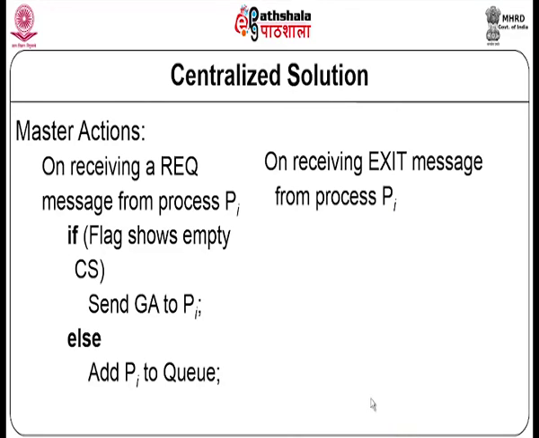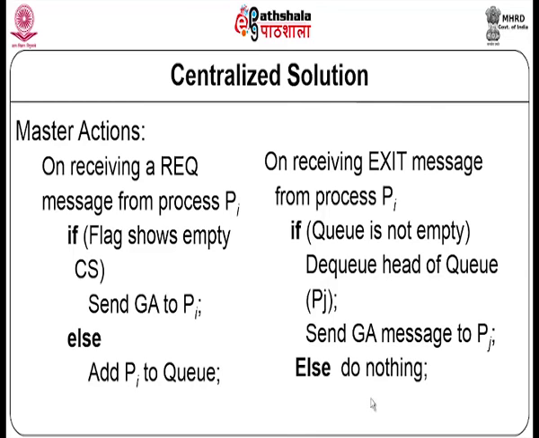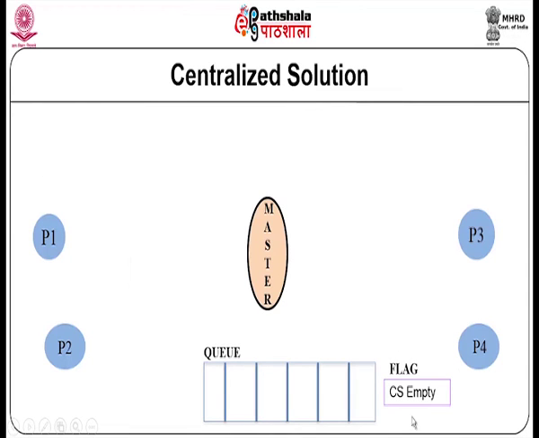And when it receives an exit message from a process, which means that the master had already sent a go ahead message and the process was in the critical section, completed it and is now sending an exit message, then it will take from the queue one of the processes which is waiting and send a go ahead message to that process. If there are no processes waiting in the queue, then it does nothing on receiving an exit message. Let us look at an example.